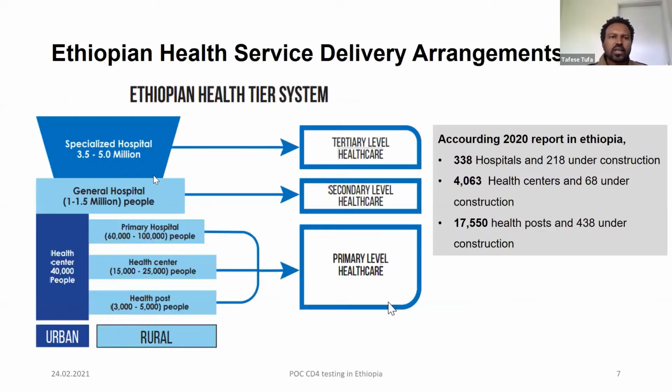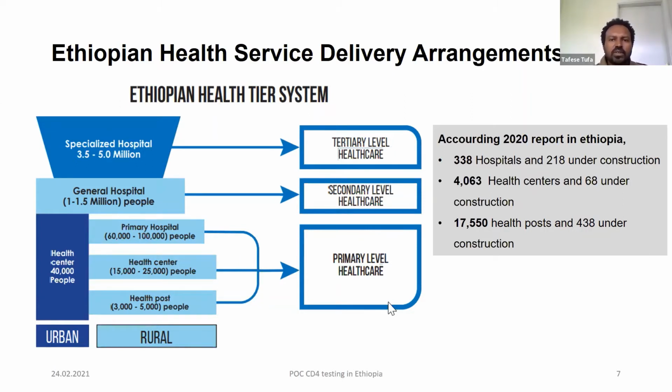Having said that about the POC introduction, in the Ethiopian health service delivery arrangement there are primary, secondary, and tertiary levels. At primary level, we have health posts. A health post gives service for a maximum of 5,000 people, health centers up to 25,000, and primary hospitals up to 100,000 people.